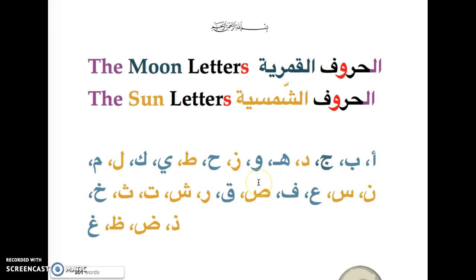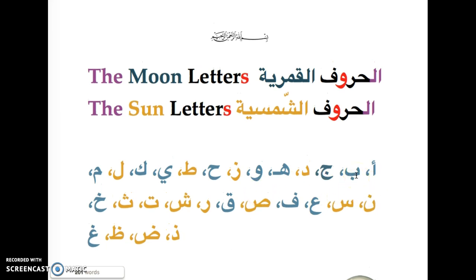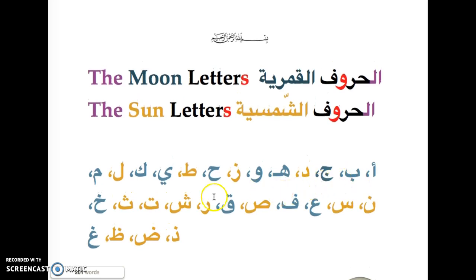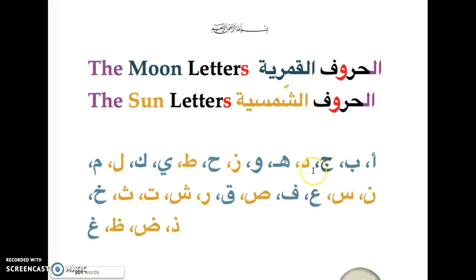We colored the moon letters with blue and the sun letters with gold or yellow to distinguish them. As I said, incidentally, they're equal. There are 28 letters. 14 of them fall under the moon letters, and 14 of them fall under the sun letters, which is kind of neat.